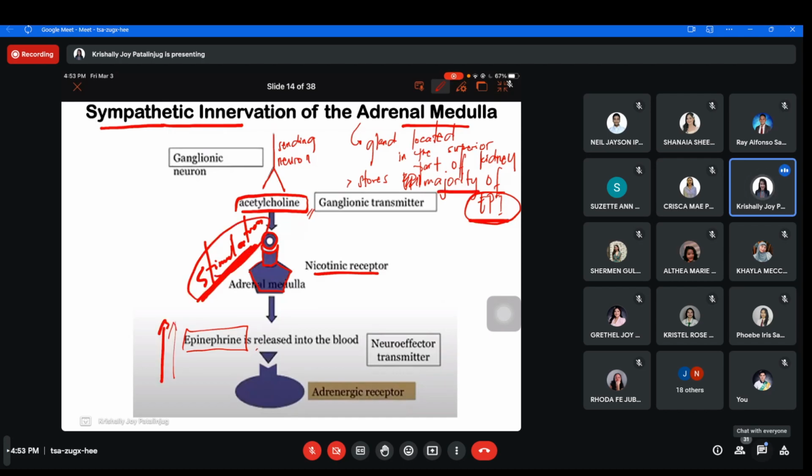Okay? And kapag na-release yung epinephrine mula sa adrenal medulla, mai-incorporate ngayon yung epinephrine sa blood. Okay, then it will be circulated, distributed, until such time it will reach certain organs in the body, causing or supplying sympathetic effects or adrenergic responses. That is all about sympathetic innervation of adrenal medulla.